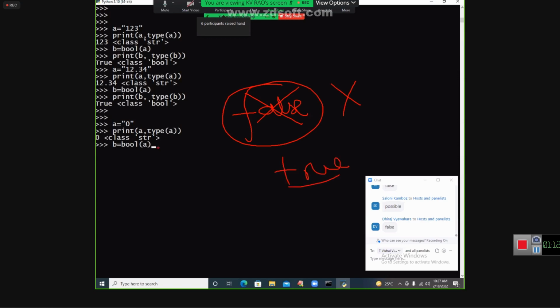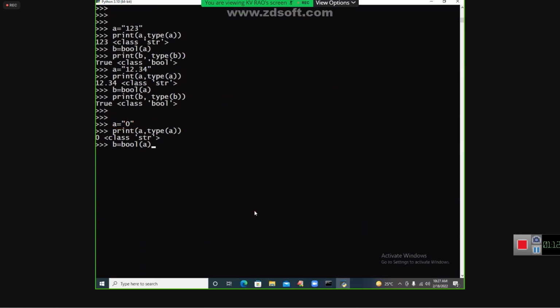Internally, this is a str. PVM will apply len of A. It is 1, meaning one character is available. That is, the 0 internally has len 1, which is non-zero, and non-zero means true. See how much intelligence you have to apply.